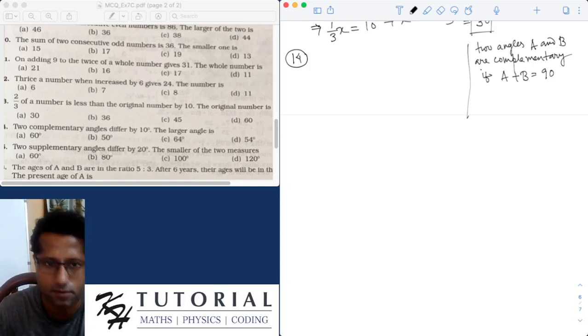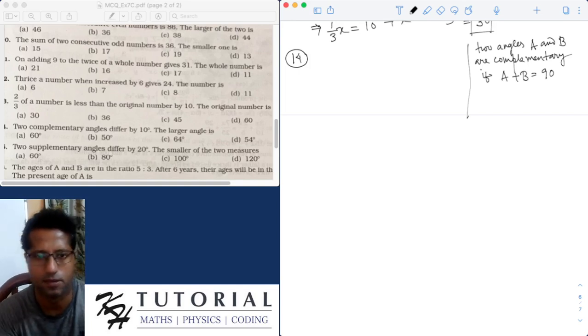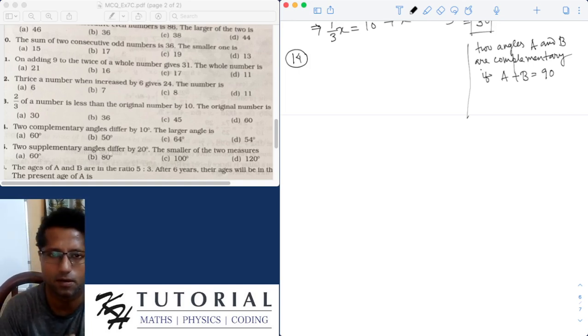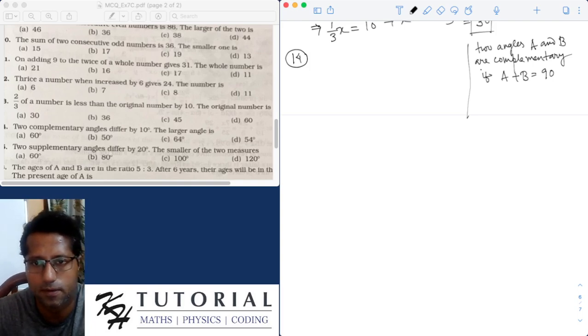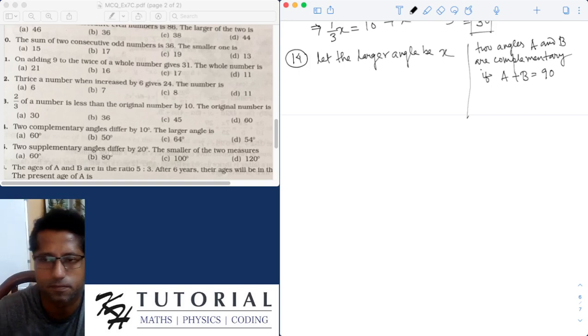The larger angle is... Okay, so we have two angles. One will be smaller and the other larger, and since they are complementary, their sum should be equal to 90, and also it is given that the difference is 10. So we have to find the larger angle. So let the larger angle be x.